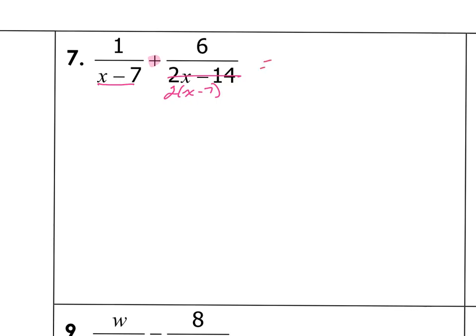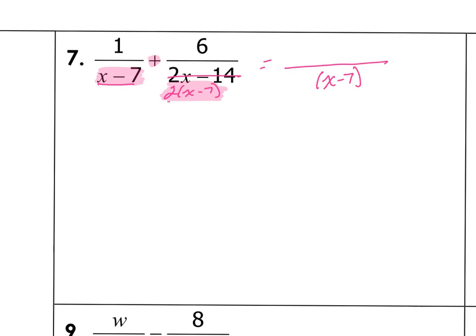What do I need? We're going to start with the first one. I need everything that's in this denominator, which is just x minus 7. So I know in my denominator I'm going to have an x minus 7. Now I'm going to go to this denominator and see what this one has that this one doesn't.